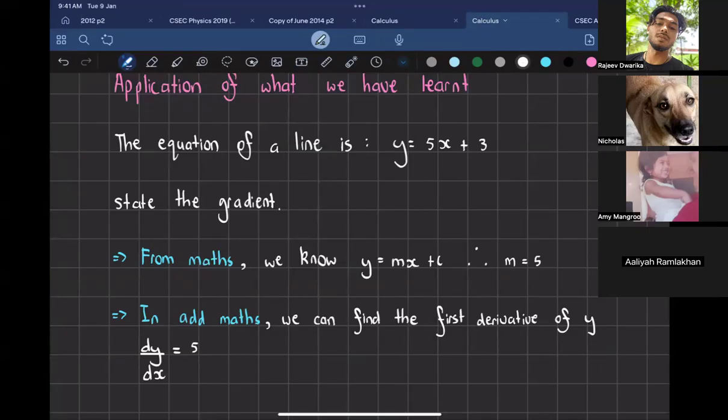Y is equal to 5x plus 3 in maths, we know the gradient is 5. When we differentiate that, what do we get? 5. So we got the gradient. When you find the first derivative, you're finding for the gradient. Don't forget that. Amy, Nicholas, don't forget that.